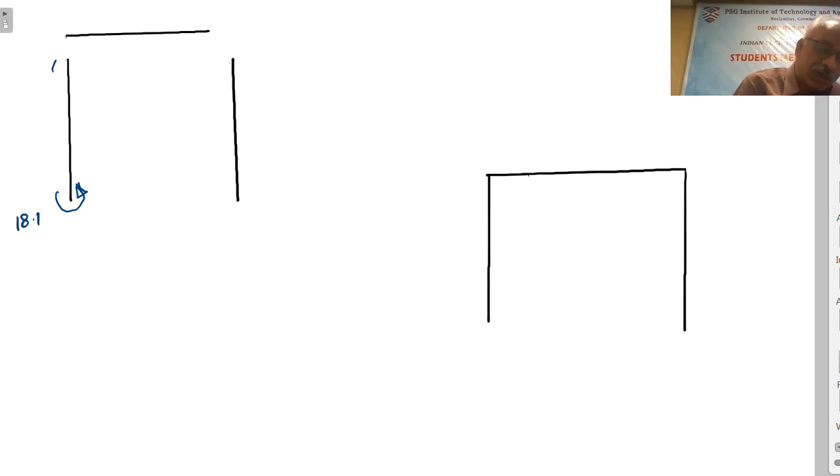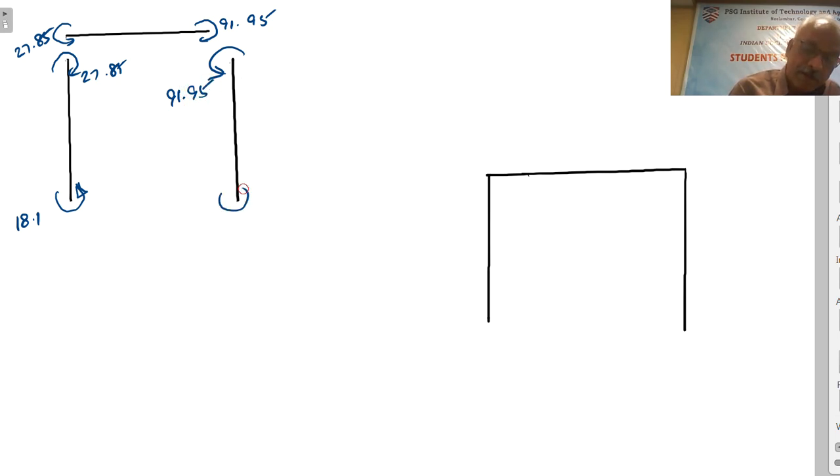This is plus 27.85, this is minus 27.85. This is plus 91.95, this is minus 91.95, this is minus 77.9. So these are the values in the last row, and we have to draw the bending moment diagram for this.